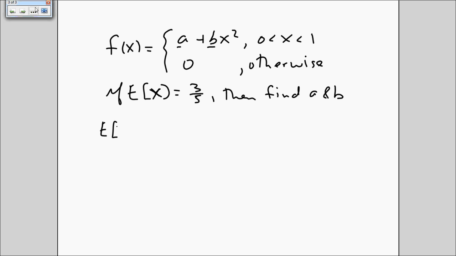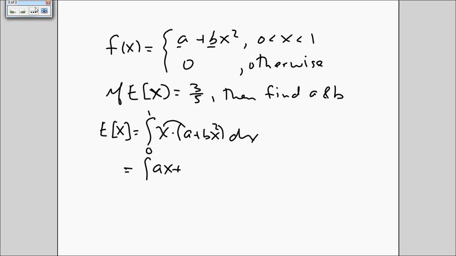Now, E of X, on one hand, is the integral of X times f of X, which is non-zero only when f is a plus bx squared, and that's between 0 and 1. Distributing the x, we get ax plus bx cubed, dx from 0 to 1.